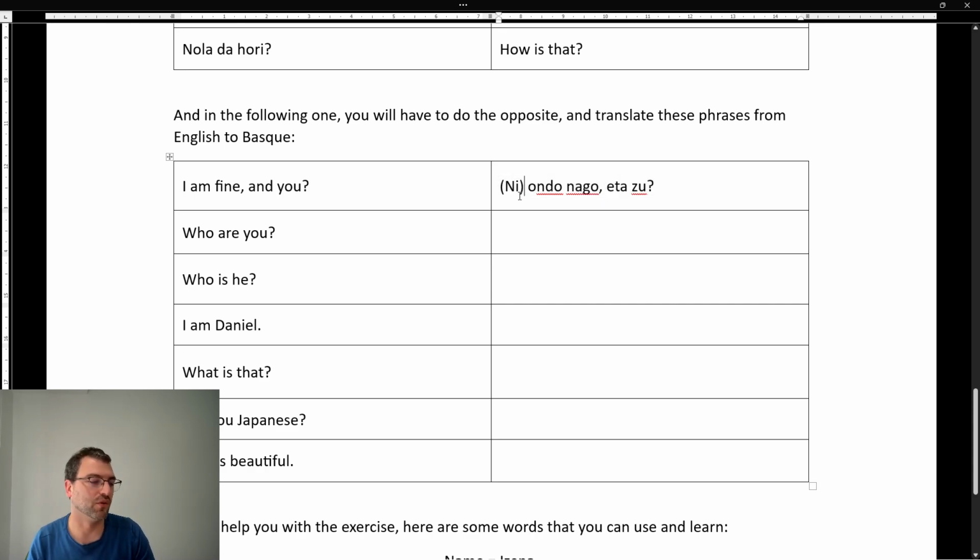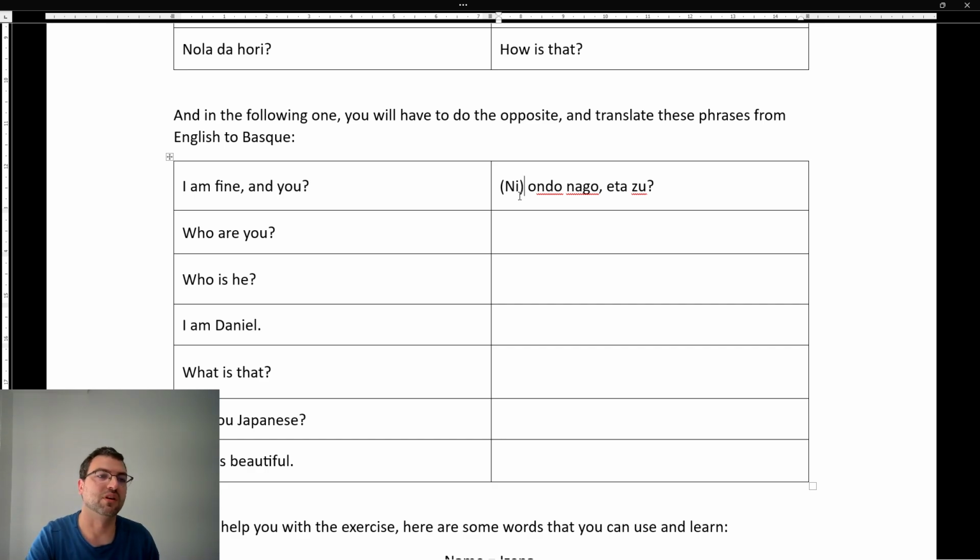In colloquial language, when you are talking to a friend, if someone asks how are you, it's not I am fine, it's I'm fine. So just erasing the subject, but I will keep it in this case for you to understand.